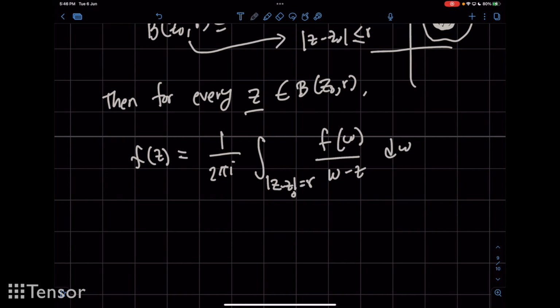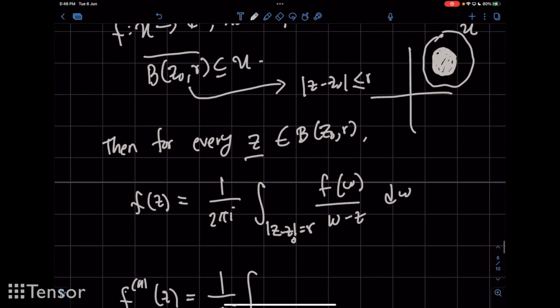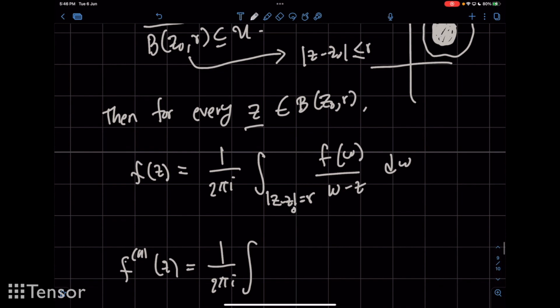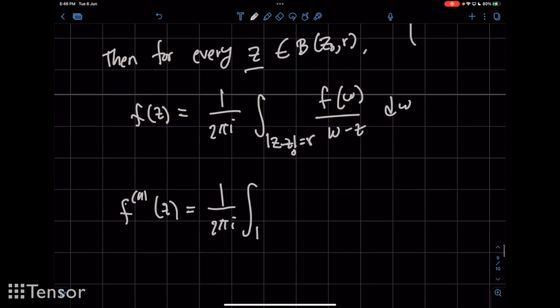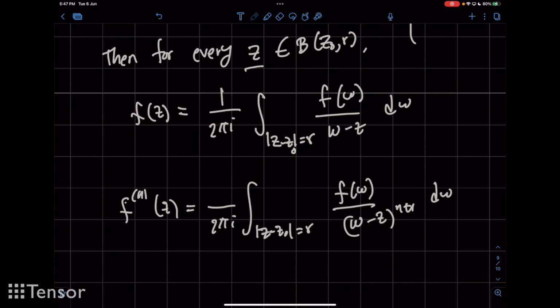The nth derivative of f at z is given by another integral, also over the boundary of this open ball, that is, the absolute value of w minus z0 equals r, and my function is f of w divided by w minus z to the power n plus 1 dw, and I have an n factorial over here.